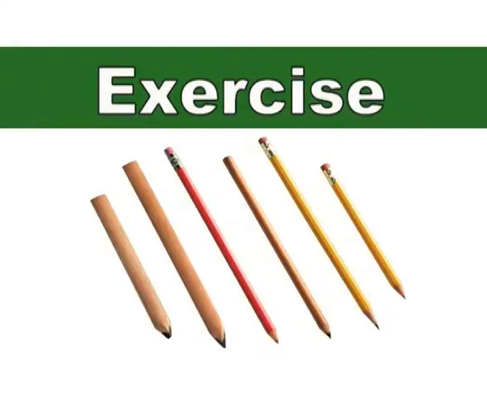Now, what you have to do is open your workbooks and let's do this exercise together. I'm going to say a sentence out, and you will pick out the interjections in the column right next to the sentences. You have to match the correct interjection with the correct corresponding sentence.